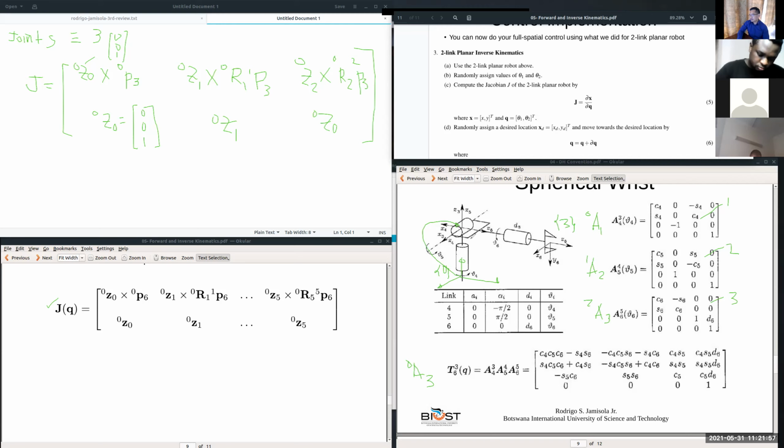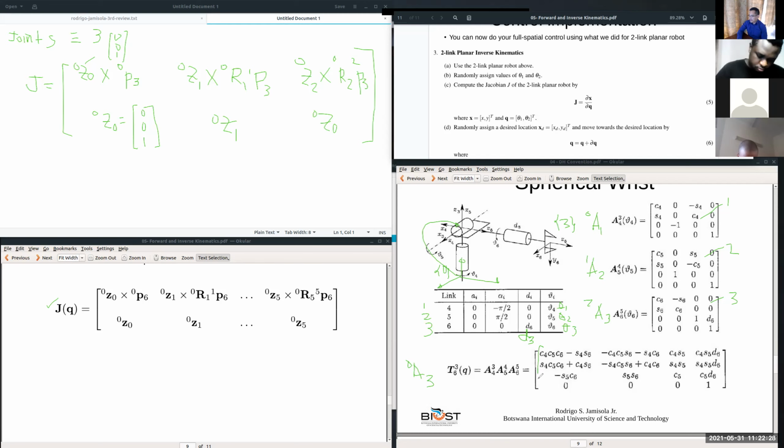Okay, let's not worry about this. Let's just take the DH parameters as they are given to us. So this is link 1, 2, and 3. And then the variables again, we have theta 1, theta 2, and theta 3. And this is D3. So now your 0P3. This is 0A3, right?